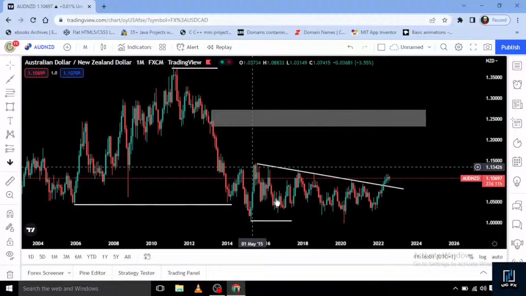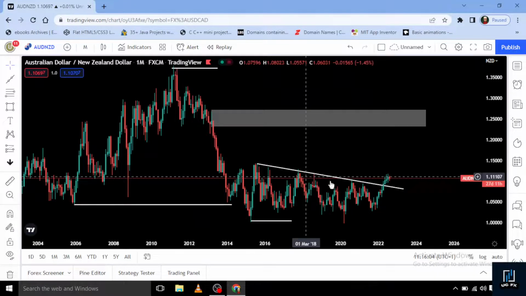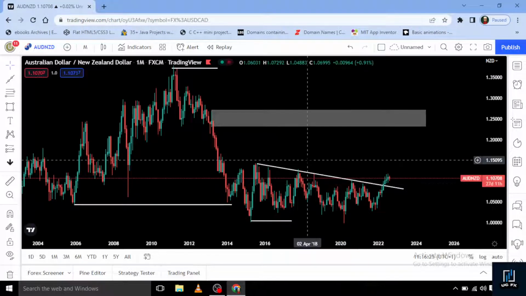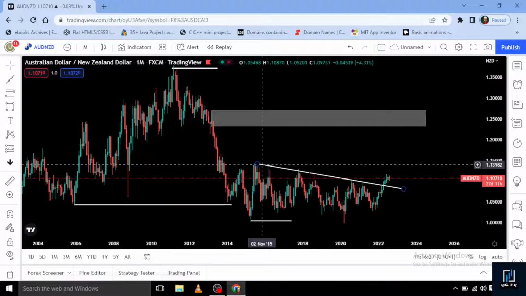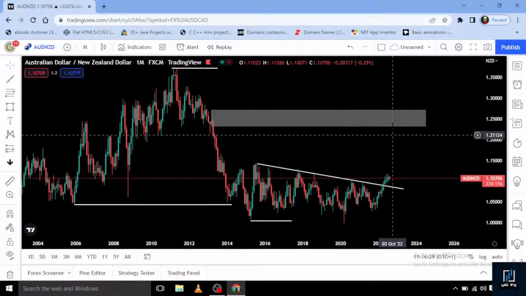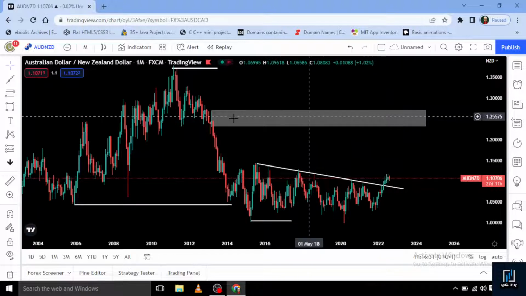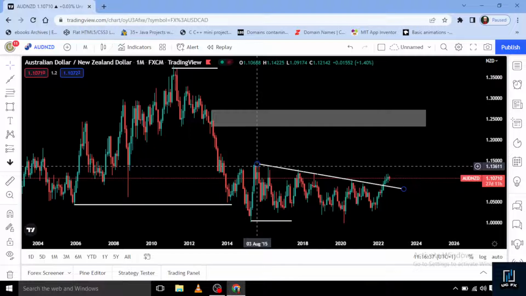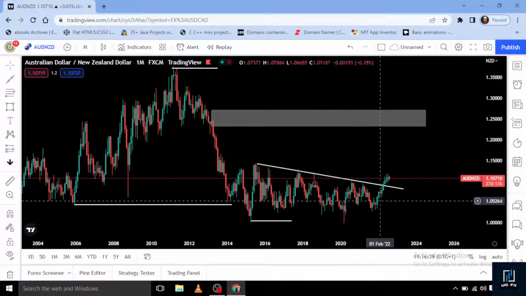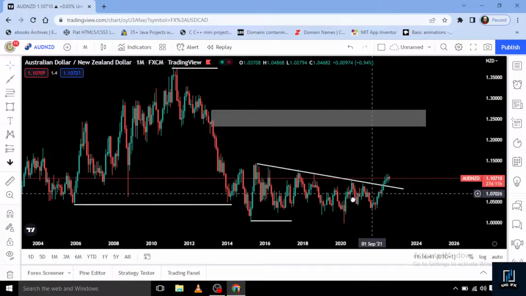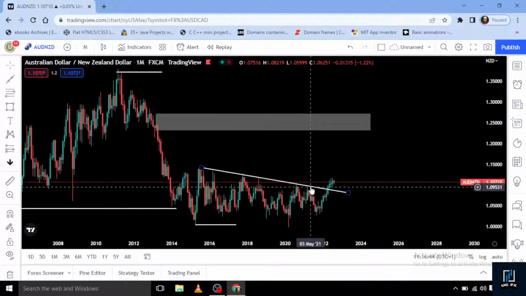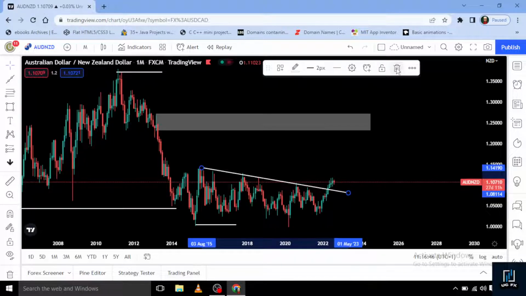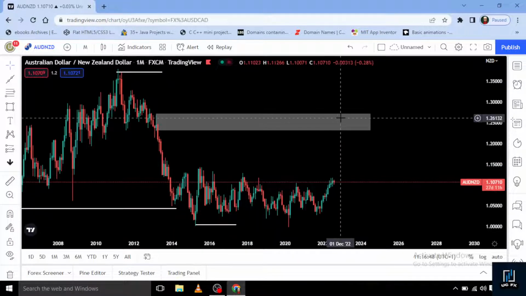So they need much sellers inside this zone so that they can be able to buy this market up into the zone to tap into these discount levels. So seeing this price action, trendline liquidity grabbed, it is now fully to actually say that market is turning bullish to go and mitigate this area.